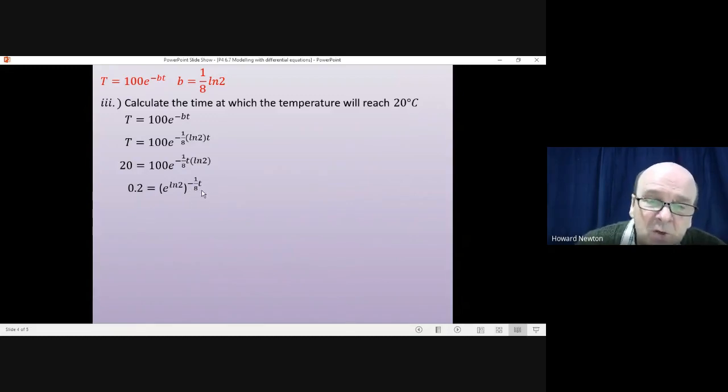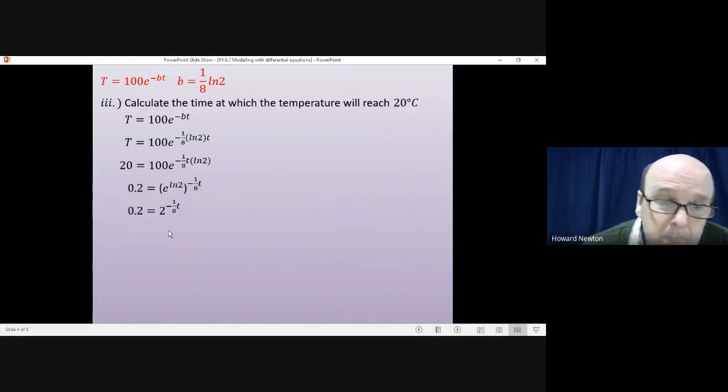And the reason for writing it in that form is we can then cancel the e and the log here. So on the left-hand side, we'll have 0.2. The e and the log cancel each other out, and we've just got 2 to the power of minus 1/8 t. Still a little bit of work to do. We've got an equation to solve where the variable is the power. And the method for solving such equations is to use logs.